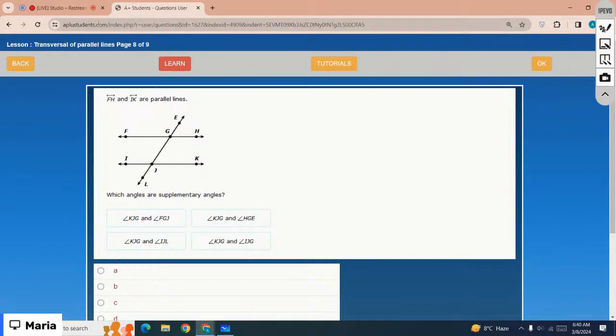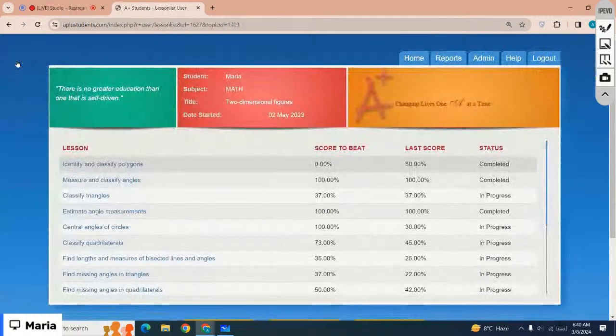Okay, you can complete the lesson by yourself later today. So we were working on grade 6 math. The chapter we were working on is two-dimensional figures.